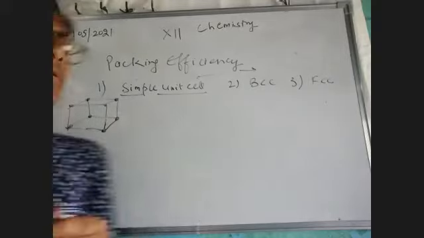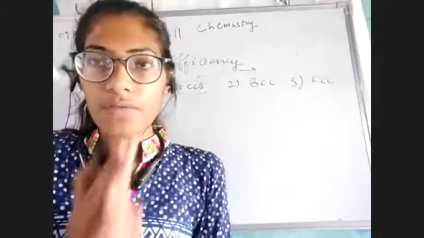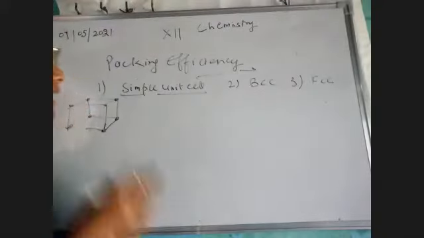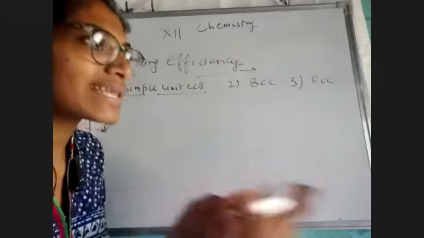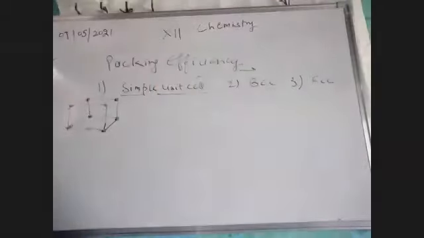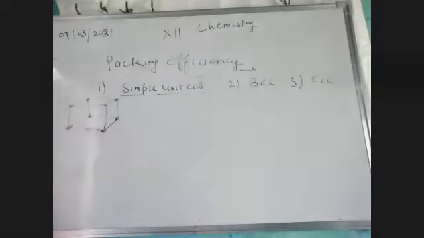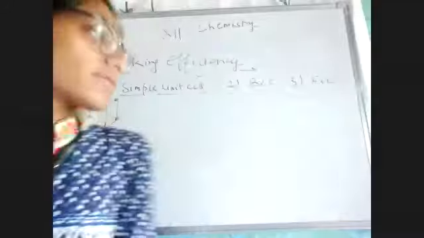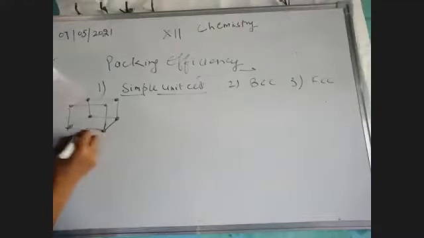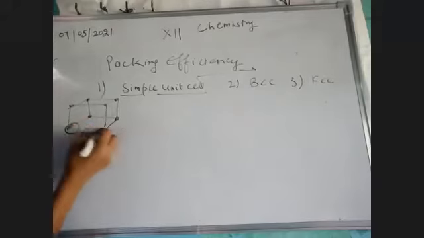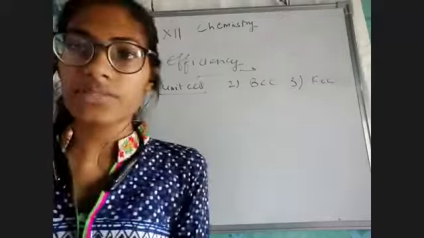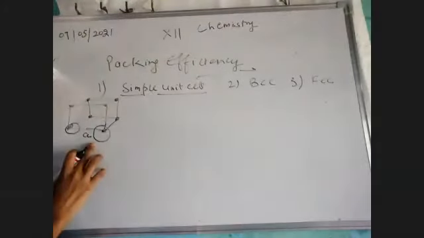Now we want to calculate how much percentage is occupied when we repeat the simple unit cell again and again. So with the help of numerical derivation, we're assuming that we have an edge length of A, and these dots represent our spheres or atoms, with the edge length A.